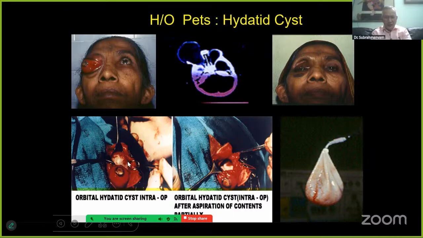During the surgery you can see the huge cyst. In these situations, I aspirate 5 to 10 ml of the fluid with a 30 gauge needle, so that this is the collapsed cyst. Use a cryo to hold it and remove the cyst in toto. This is the post-operative picture of the patient 2 weeks down the line.